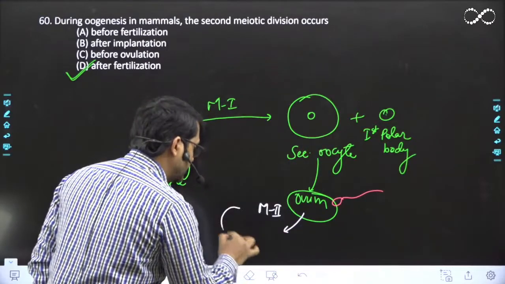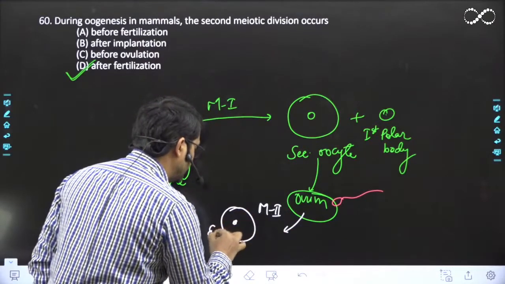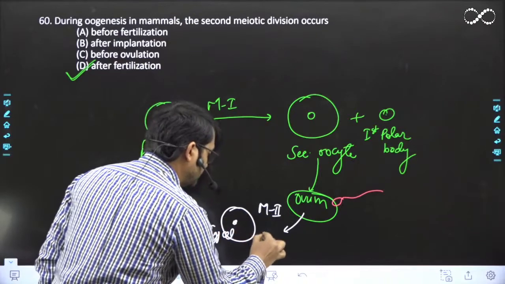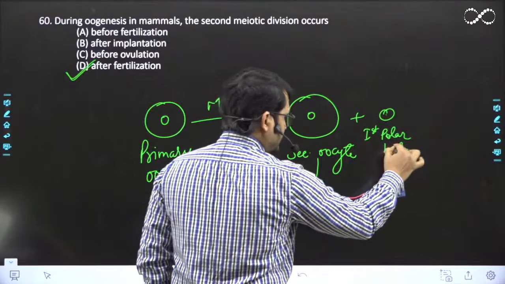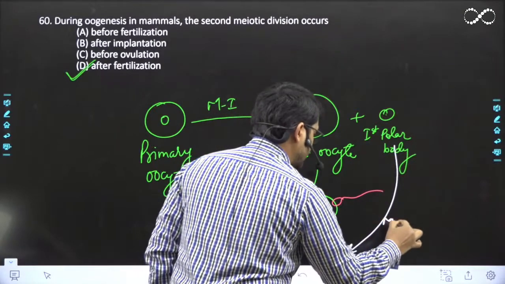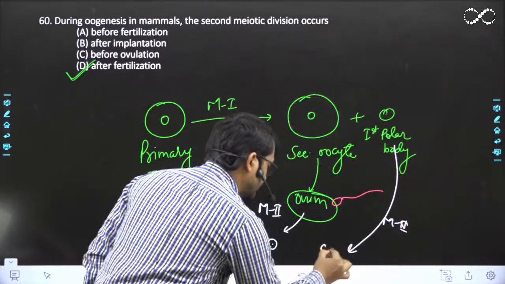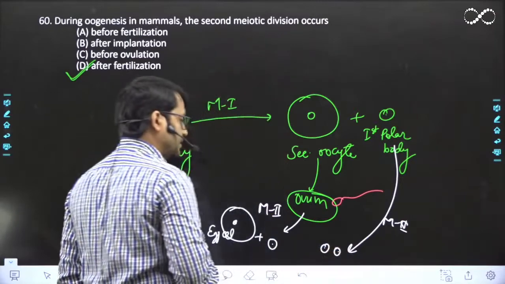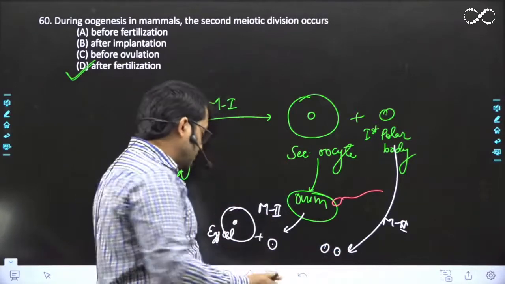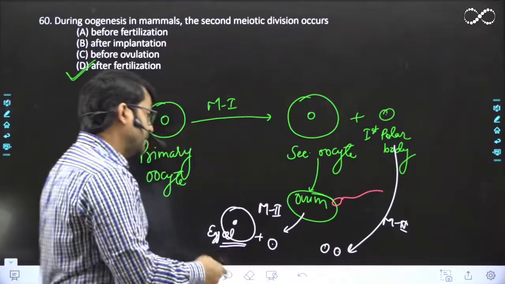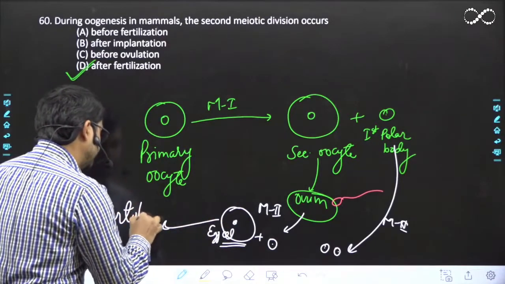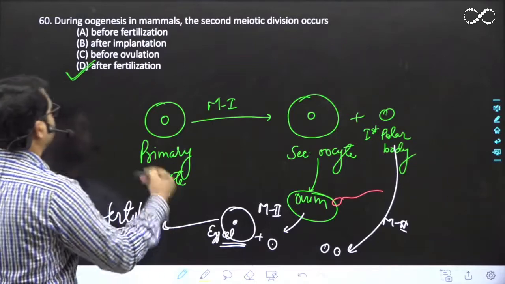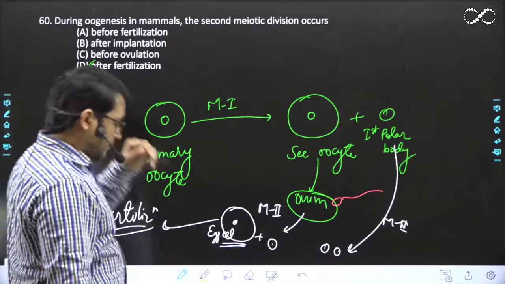The secondary oocyte will now form the egg cell plus one more polar body. At the same time, the first polar body also completes its meiosis 2 and gives rise to two more polar bodies. So there will be overall 3 polar bodies and one egg cell, and then this egg cell will participate in fertilization. Therefore the correct option is D.